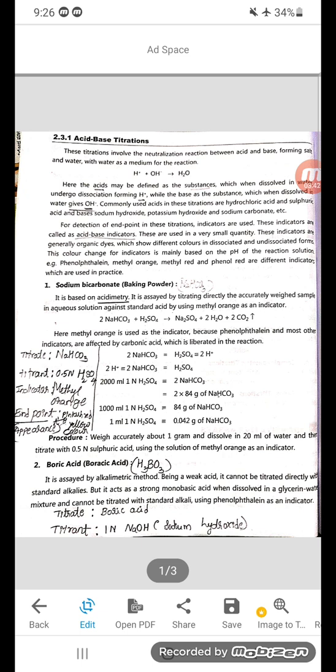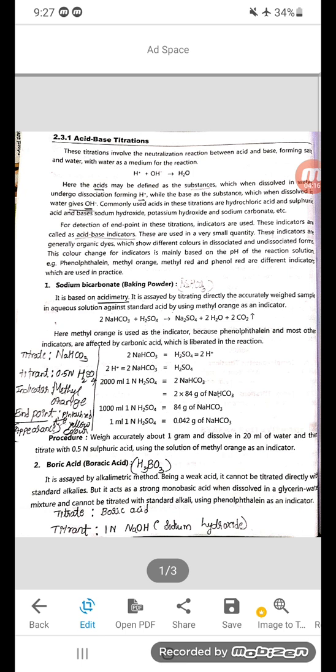Here the titrate is sodium bicarbonate, which we take in a conical flask, and the titrant is 0.5 normality sulfuric acid. The indicator is methyl orange, where the pinkish red gets converted to yellow color. That is the end point in this titration.